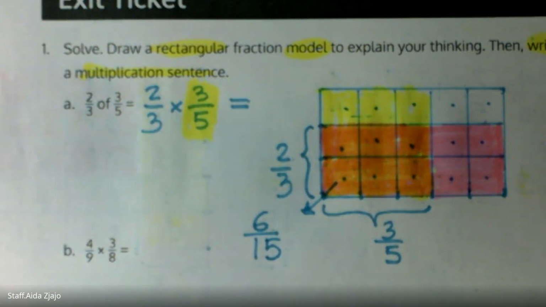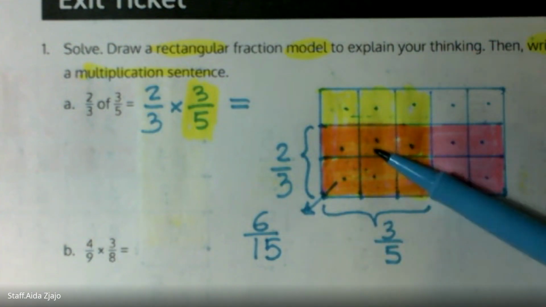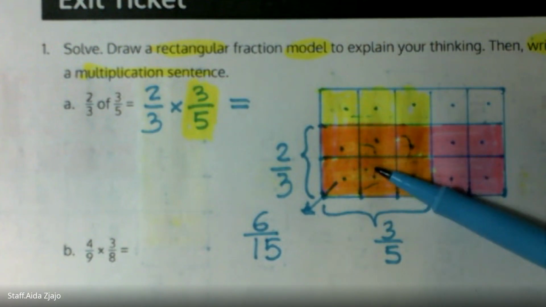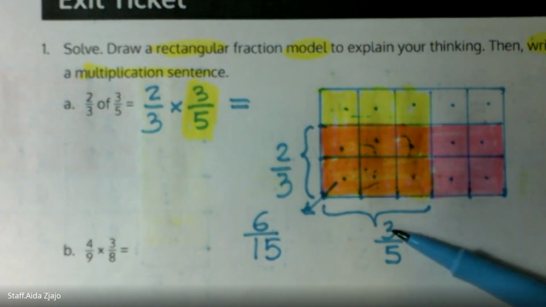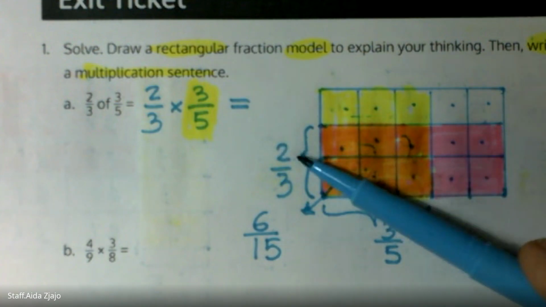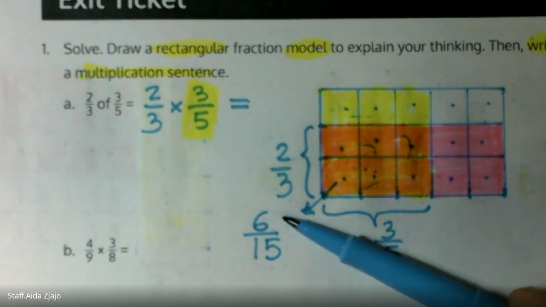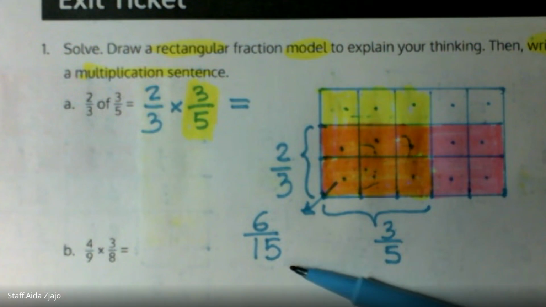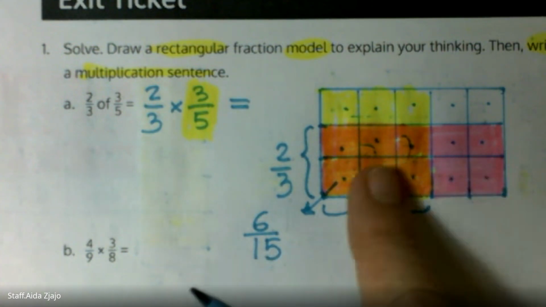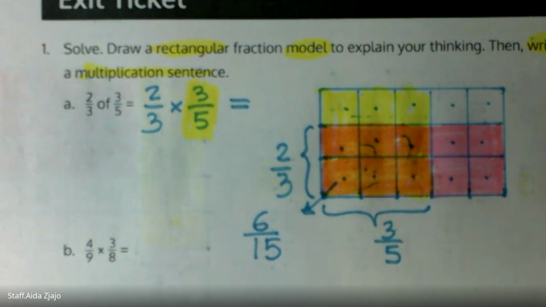So 6/15 is our answer. Sorry, 6/15 is our part of a part. So 2/3 of 3/5 is 6/15. The fraction is smaller than the part that we were multiplying.